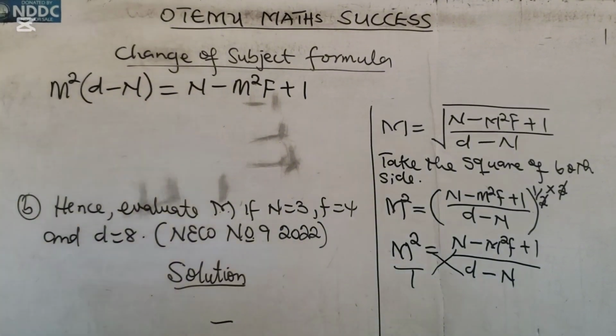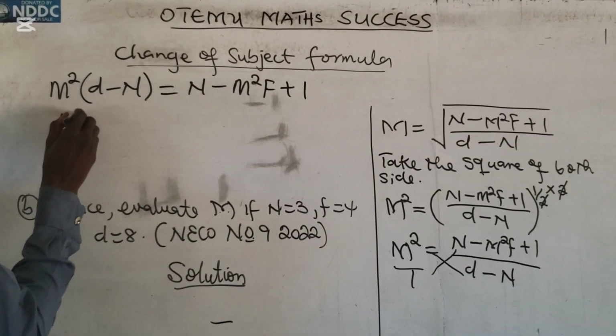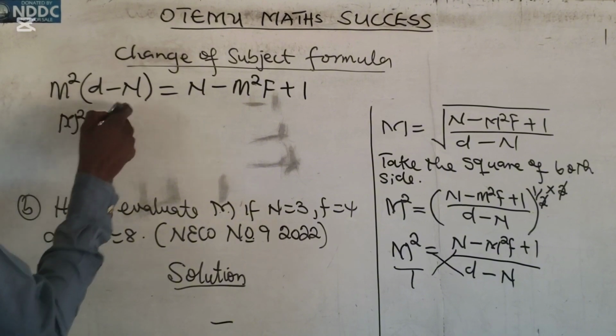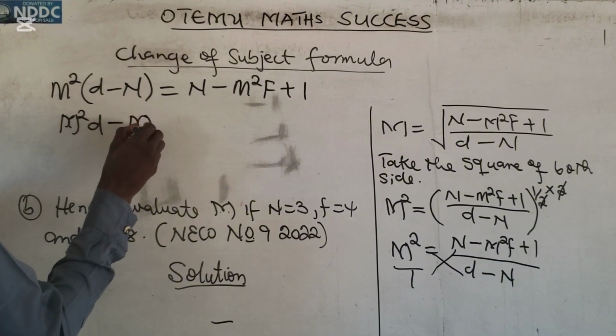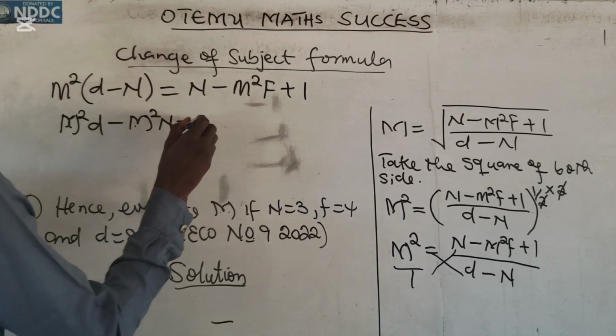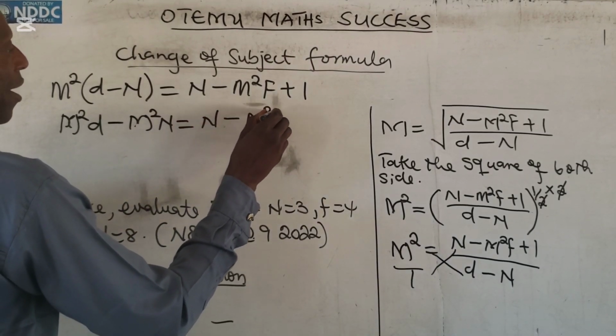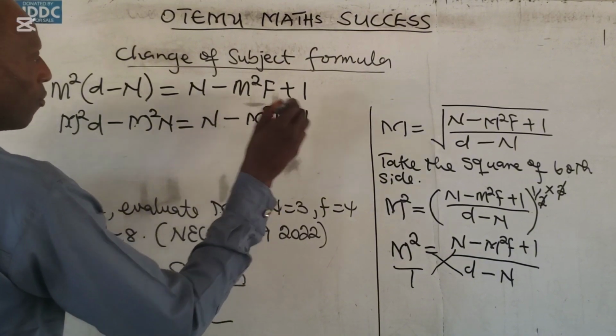Use this M square to multiply D minus N. So what is M square times D? It gives us M squared D. M squared times N give us M square N is equals to N minus M square F plus 1.